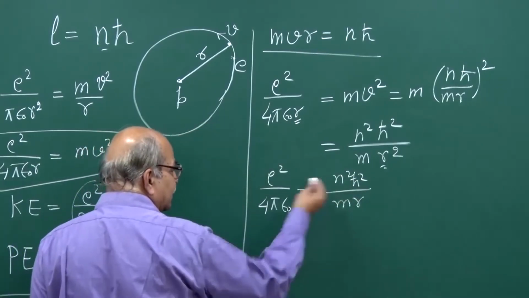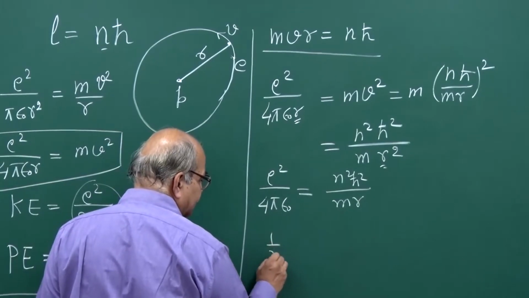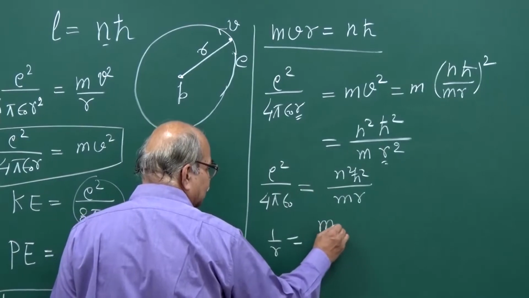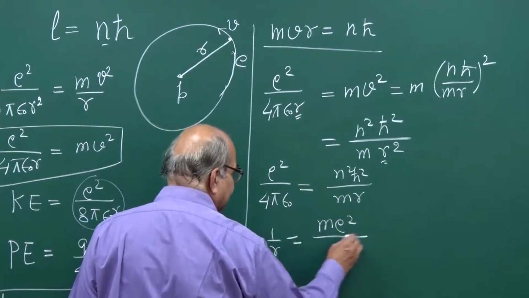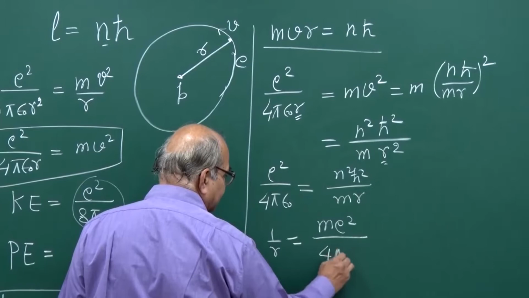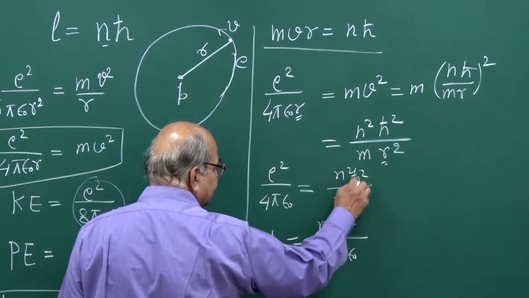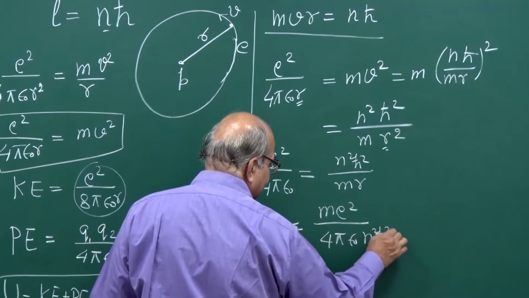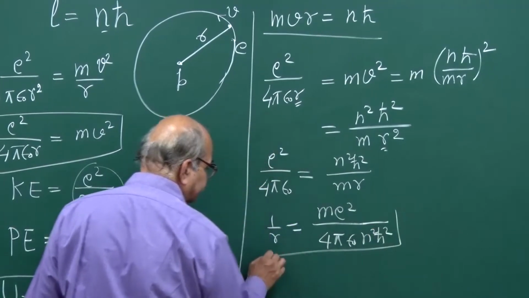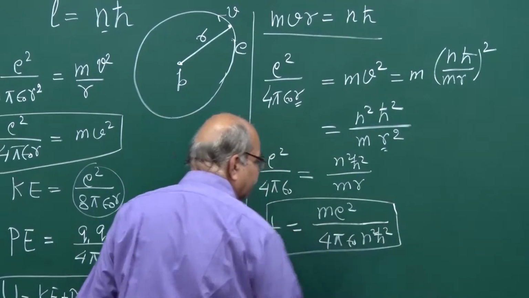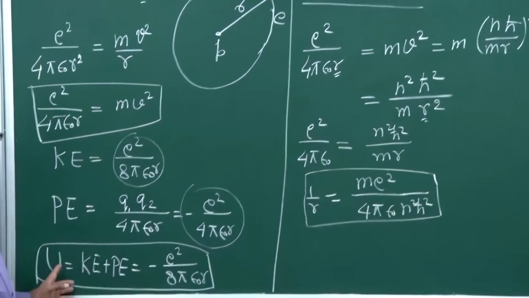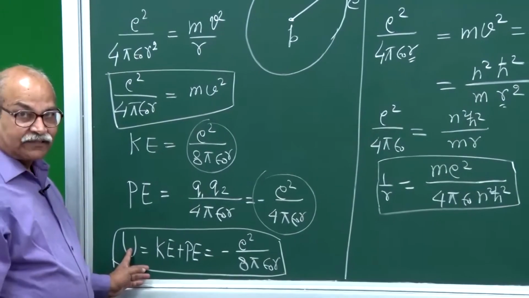So what is 1 by r from here? 1 by r is equal to m e square divided by 4 pi epsilon naught, and then n square h cross square. So that is 1 by r, and we put this 1 by r in the expression of the total energy.